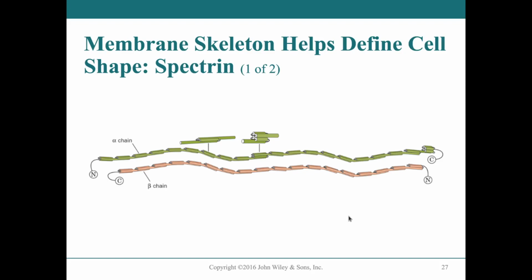Although the membrane is fluid, fluid structures also have their own disadvantages. There's a difficulty in holding its shape, and that is why we have proteins called the membrane skeleton. They were first discovered in ghost erythrocytes.